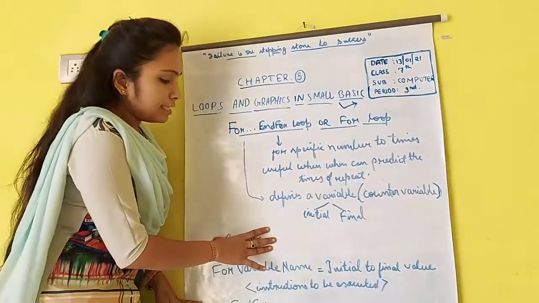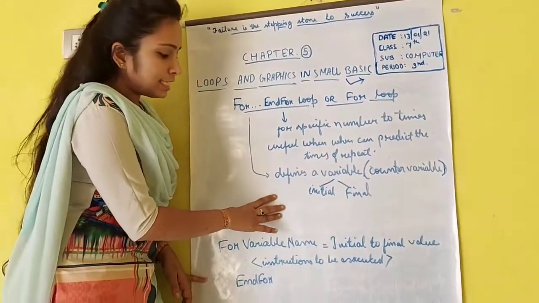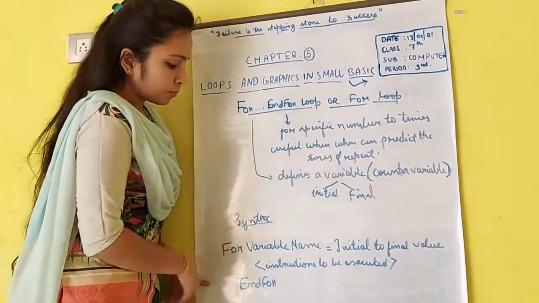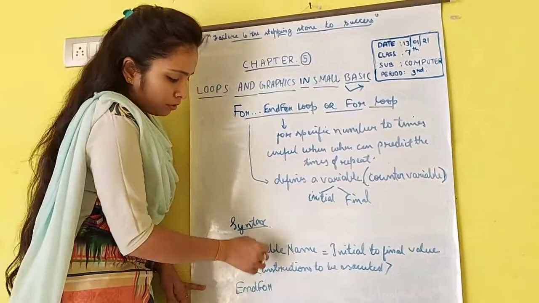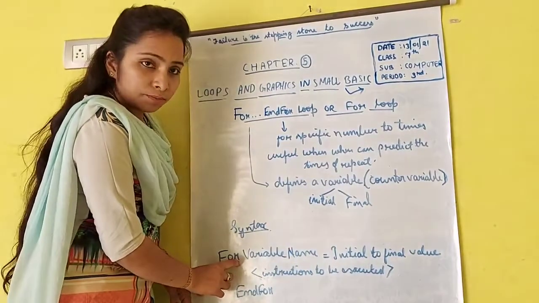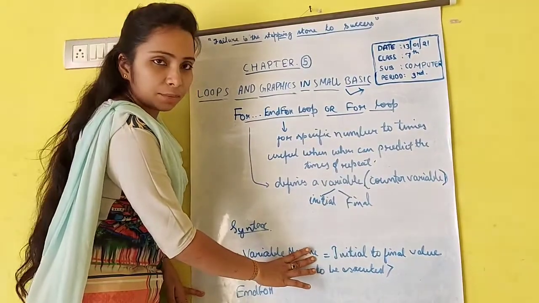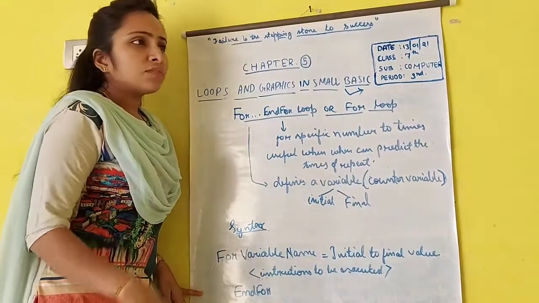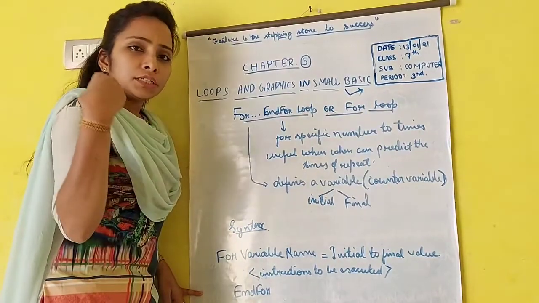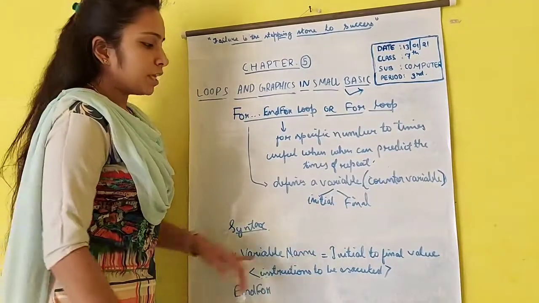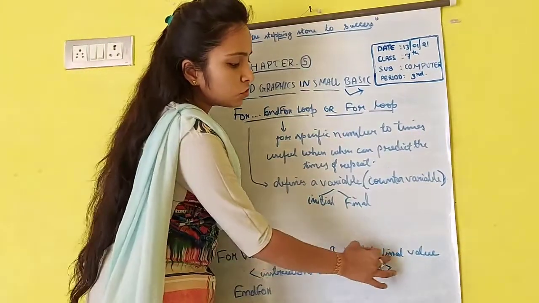Then this is the syntax. I have told you already, syntax means the structure of how we have to use this loop. We first write For, then the name of the variable, whatever we want, a number or an alphabet or anything. Then we write the initial to final value.